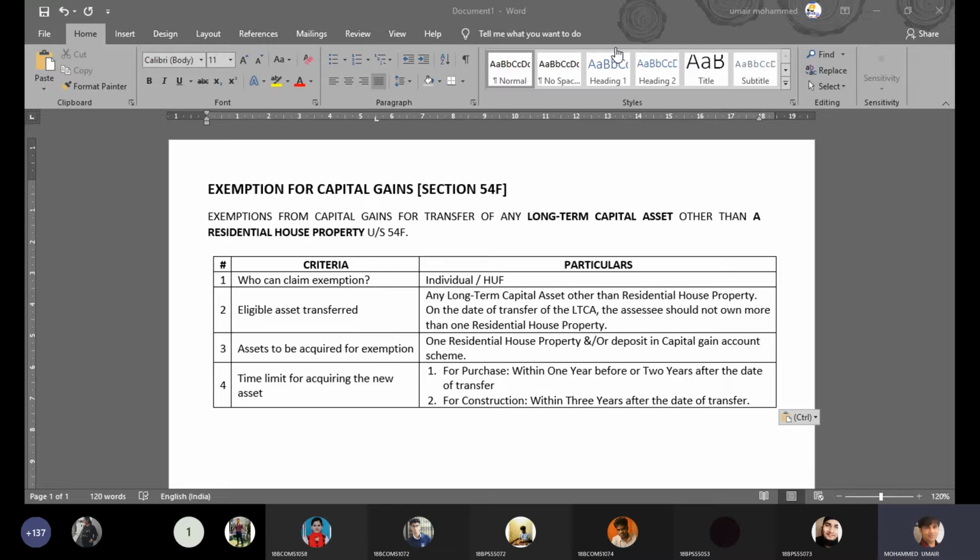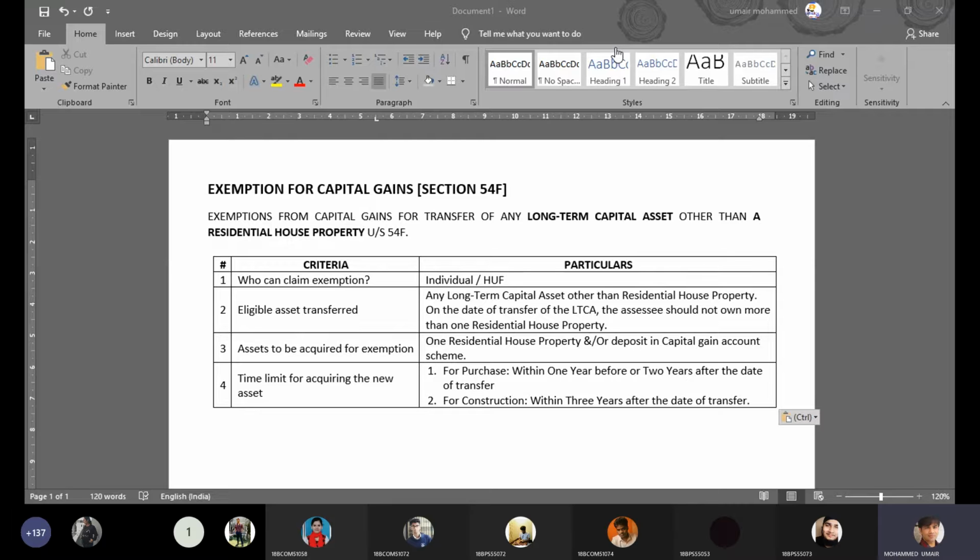Right? So section 54 says sell any residential house property, and from the amount realized buy one more residential house property. This is what section 54 says. What section 54F says? Transfer any long-term capital asset other than residential house property, and with that money you buy one more residential house property or deposit the money in capital gain scheme or do a combination of both.